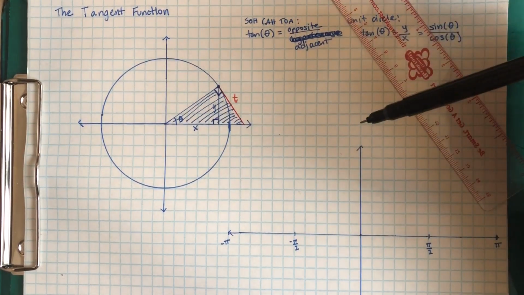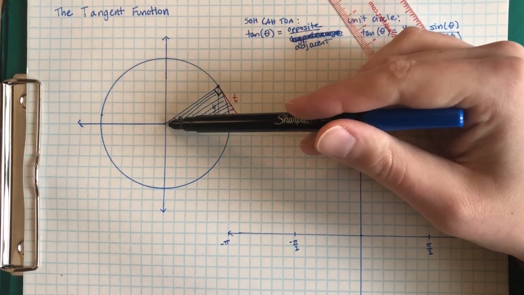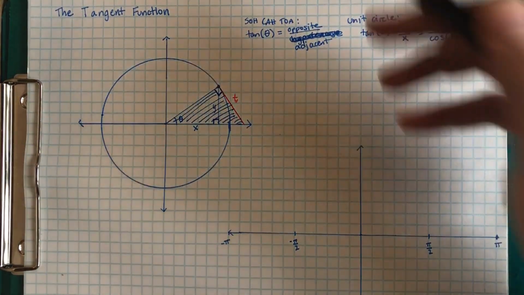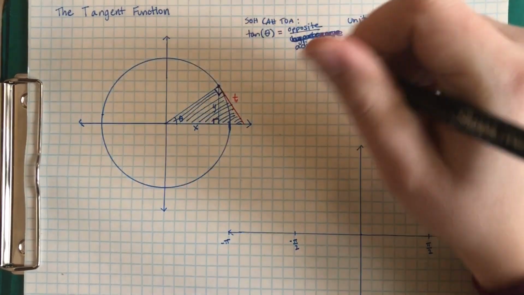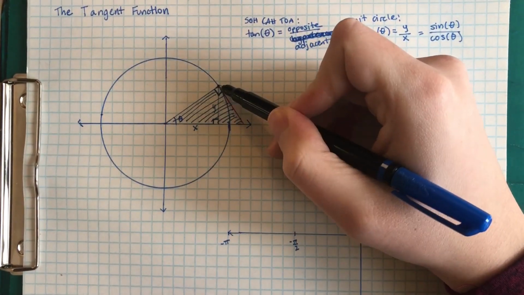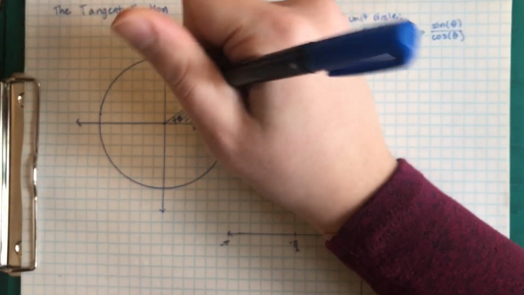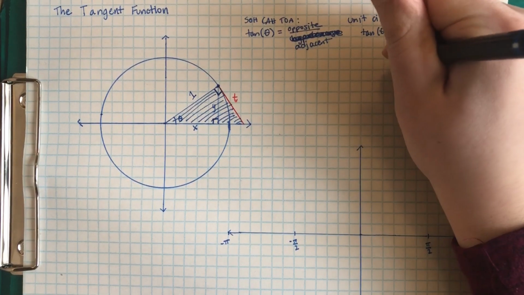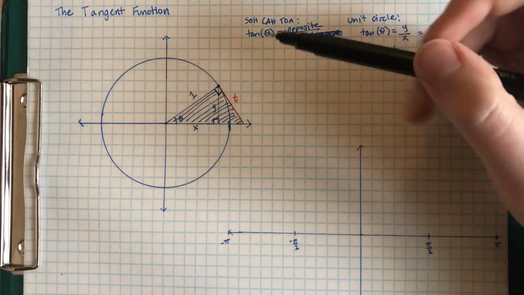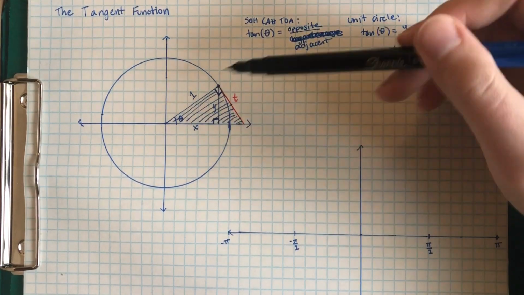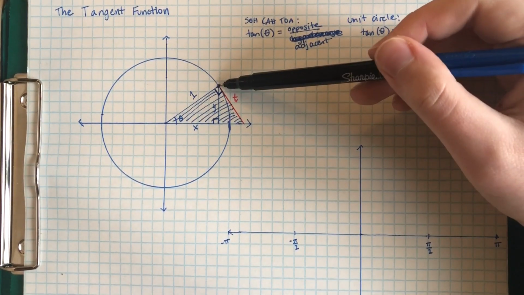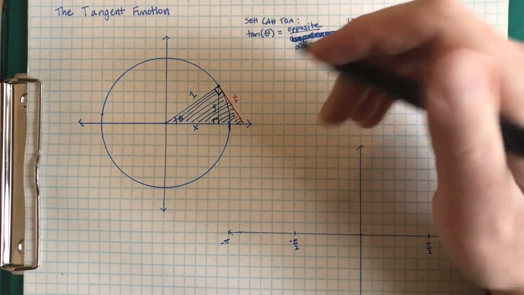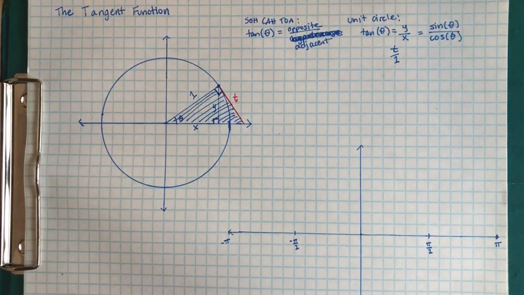That ratio is y over x, but here in this new triangle, the opposite is t, and the adjacent side is this one, which isn't labeled, but because it's the radius of the unit circle, we know it has a length of 1. So the tangent of theta should be the ratio y over x. It should also be the ratio of this tangent line segment over 1, which is just equal to this length.